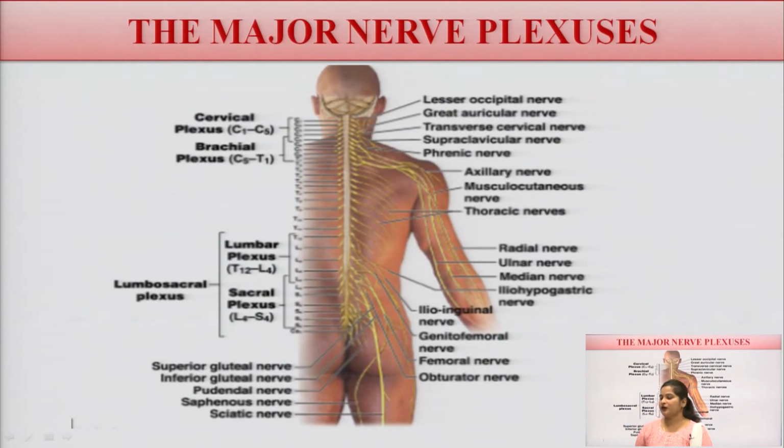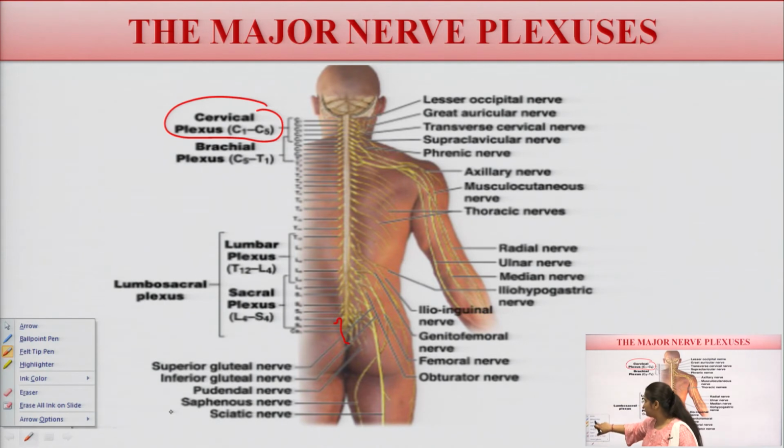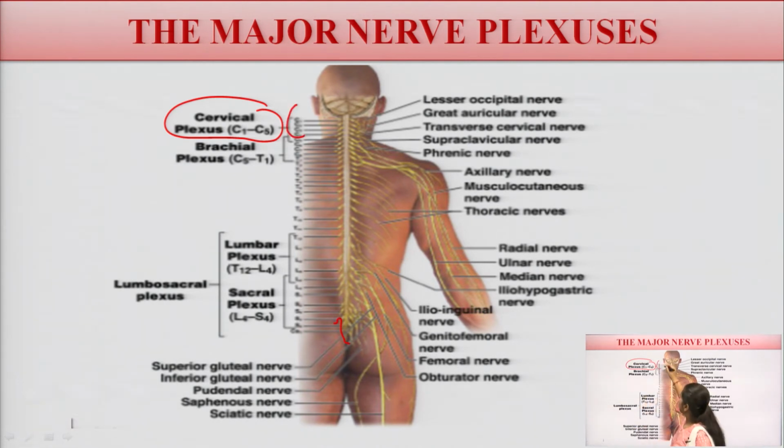Now start with this diagram. So this is the main diagram for the nerve plexus. There are various types of nerve plexus, just like if we see here, this is the cervical area, and this nerve plexus is from C1 to C5.